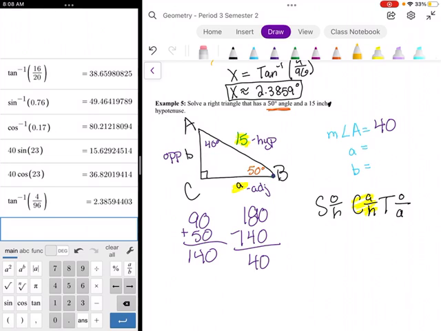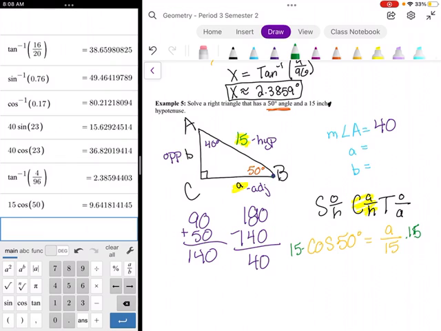So we can do the cosine of 50 degrees equals A over 15. Go ahead and multiply both sides by 15, and then we can type that into our calculator. And we would get that A is about 9.6418.